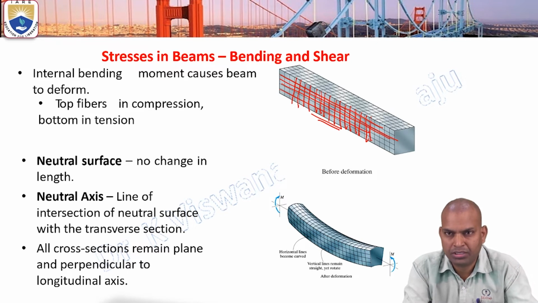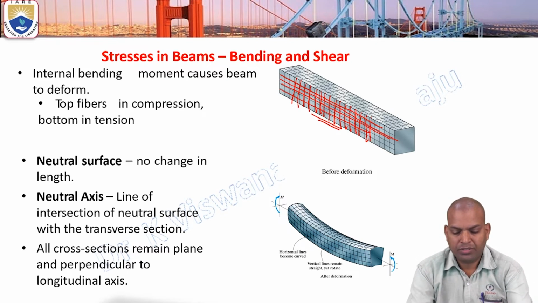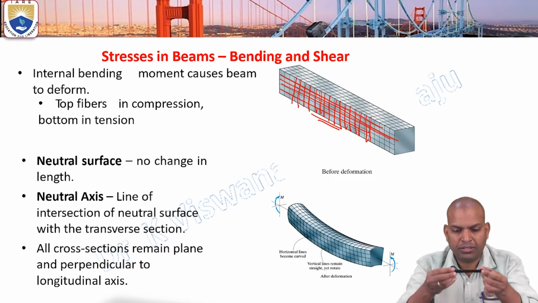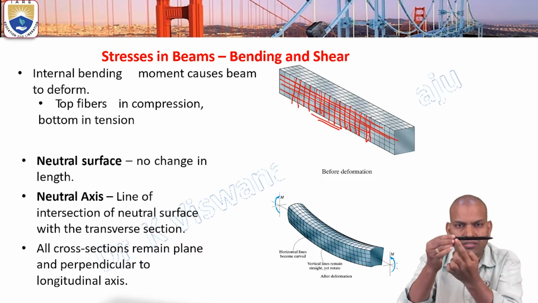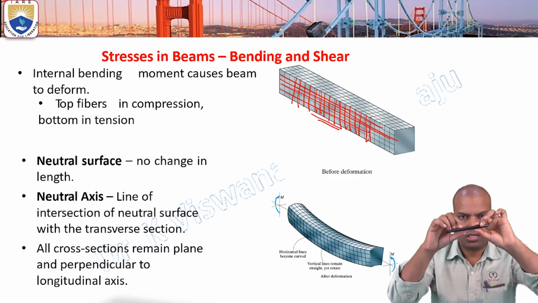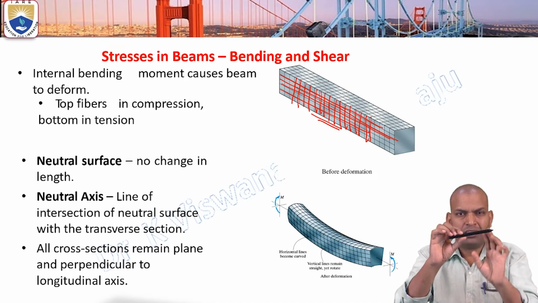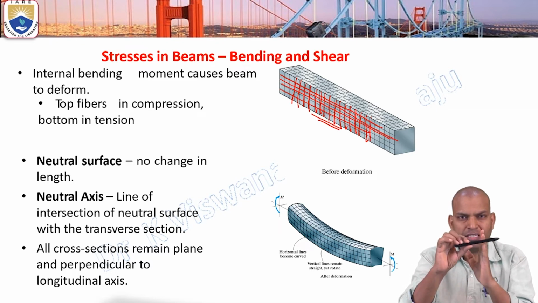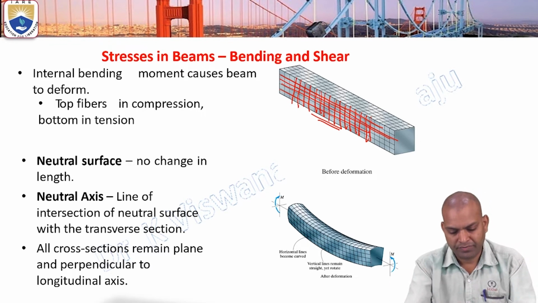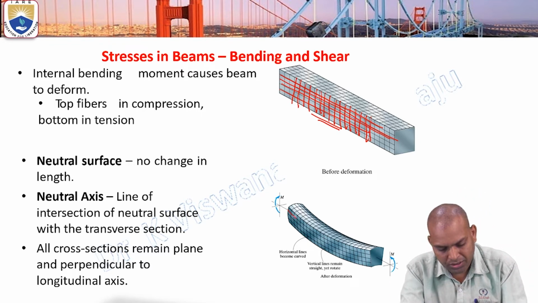After deformation, if you observe in this figure, after deforming either upwards or downwards, the vertical lines remain straight, but they may rotate. Whereas the horizontal lines become curved lines.